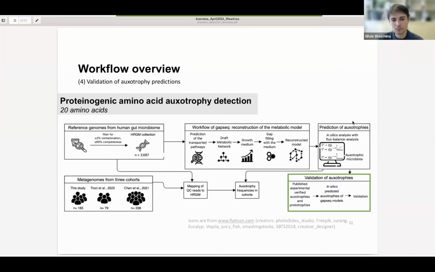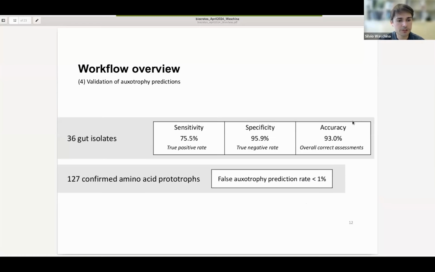So now you might say, okay, these are all computer predictions, but how can we be sure that these predictions are reliable? So we tried to find as much experimental data on auxotrophies in human gut microorganisms as a validation approach, and here we could collect the information about auxotrophies that have been experimentally verified for 36 gut isolates of gut microorganisms, mainly bacteria.